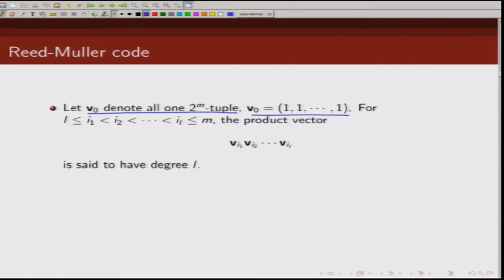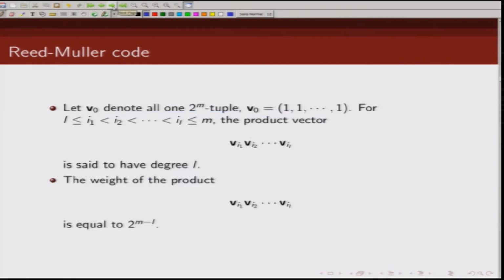Now, for i1, i2, i3, ..., iL which lie between 1 and m, we can define this product vector Vi1, Vi2, Vi3, ..., ViL, which is basically the Boolean product between these Vi's, and we say this has degree L if there are L Vi's participating in this product, and the weight of this product is given by 2 raised to power m minus L.